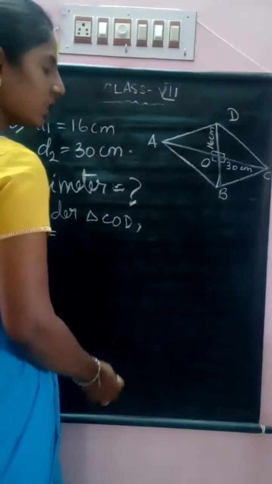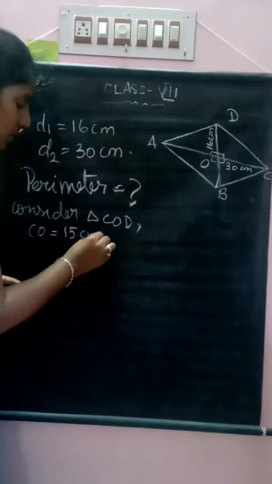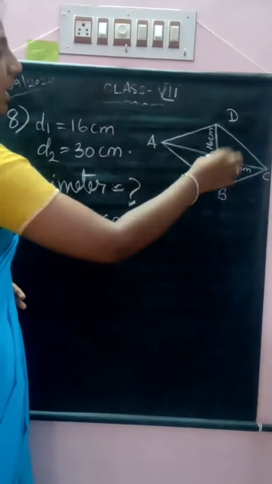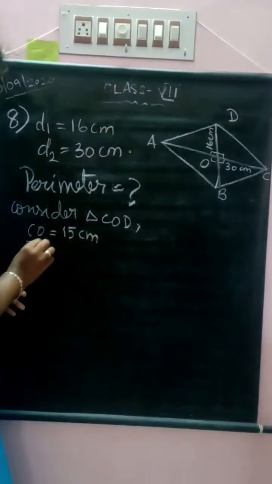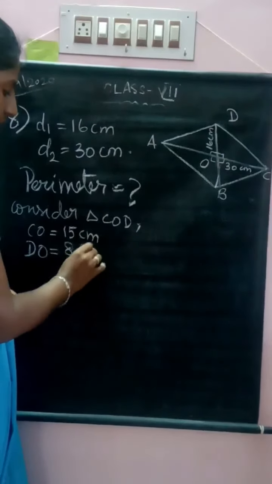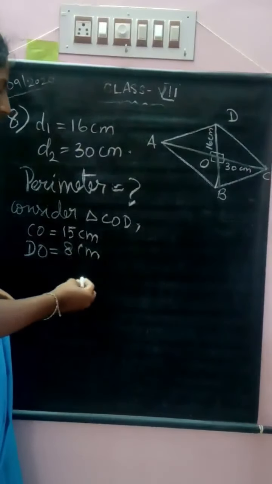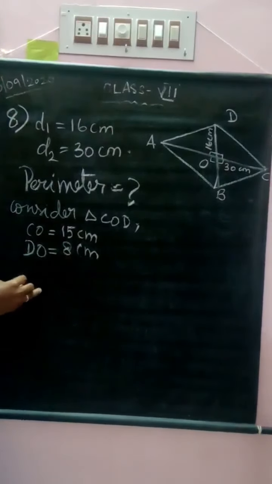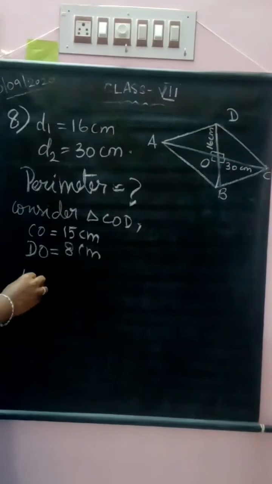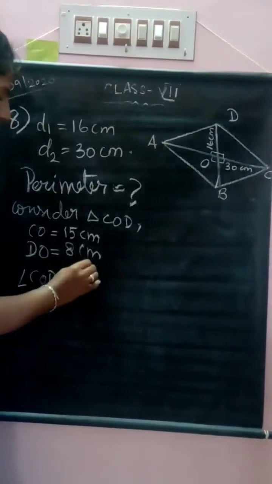It will be 15 centimeters. Next, DO will be how much? It will be 8 centimeters. It is not 16. Half of 16 is how much? 8 centimeters. So then, angle COD is how much? 90 degree.